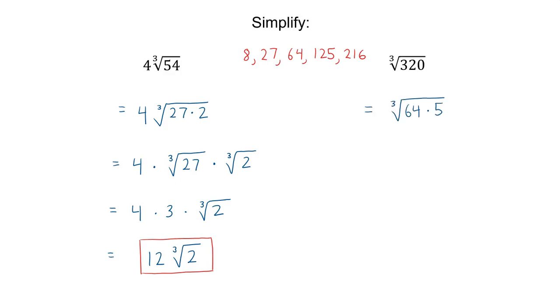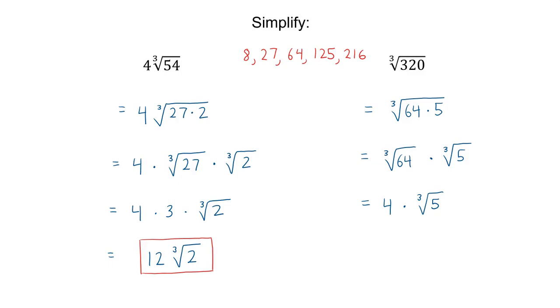And using the multiplication property of radicals, we can rewrite that as the cube root of 64 times the cube root of 5. And we can simplify the cube root of 64 as 4, because 4 times 4 times 4 is 64, so the cube root of 64 is 4. That gives us 4 times the cube root of 5.